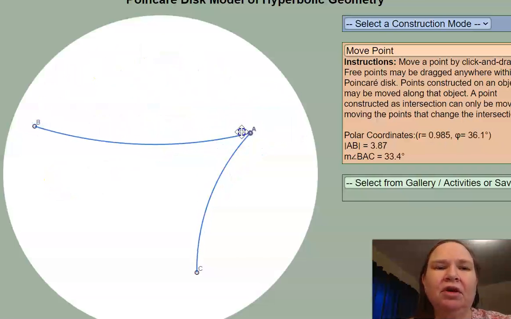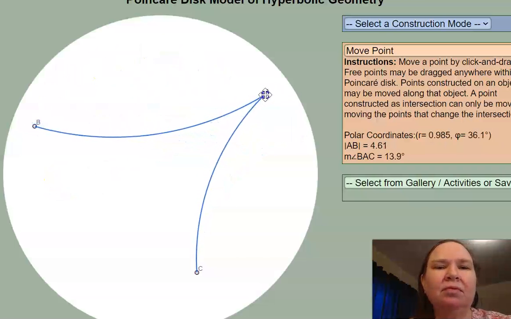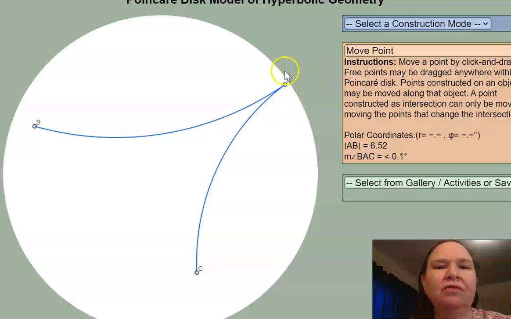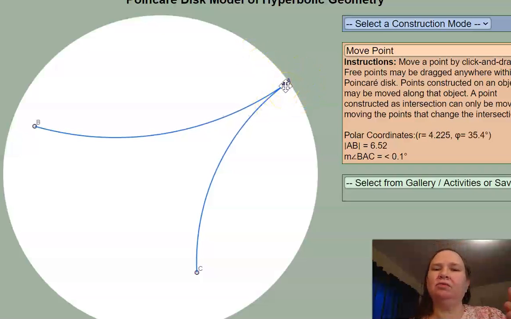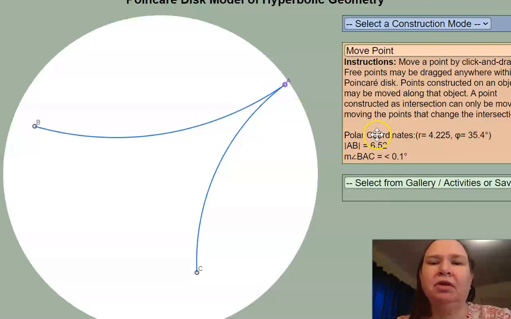Lots of symmetry there. Okay, so you notice when I take that point and I move it way close to the edge of the disk, that's getting really, really narrow. So that angle is going to approach 0 degrees. Here the angle is less than 0.1 degrees.